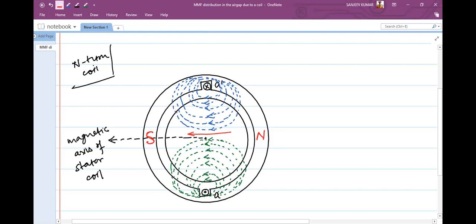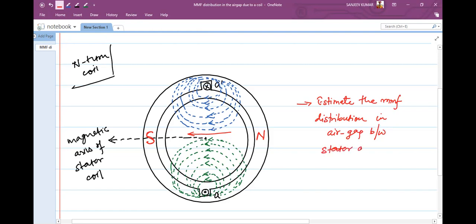Now we will consider this flux only. What we were supposed to do is to estimate the MMF distribution in the air gap between stator and rotor in an AC machine or in an AC winding.